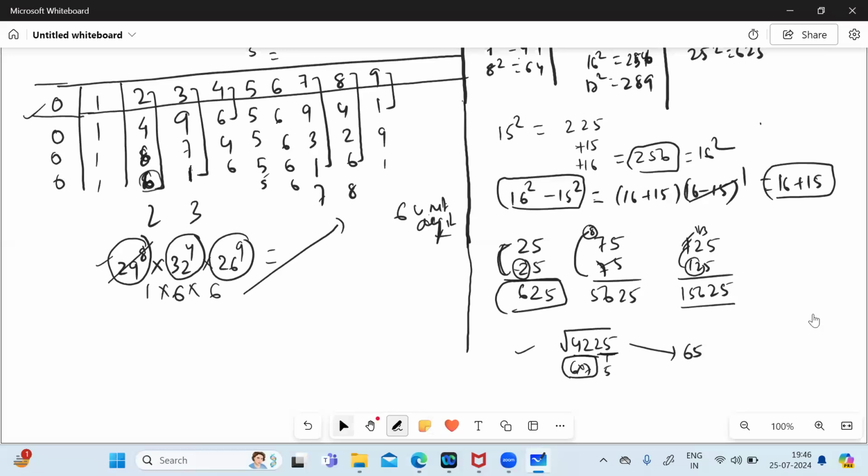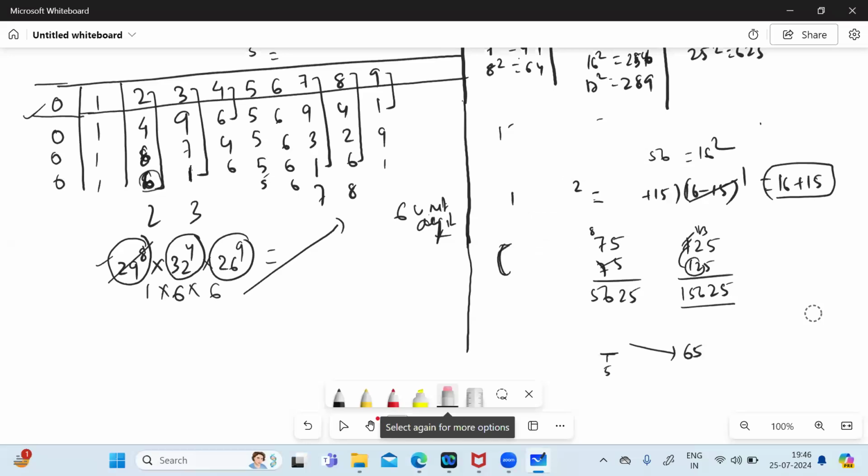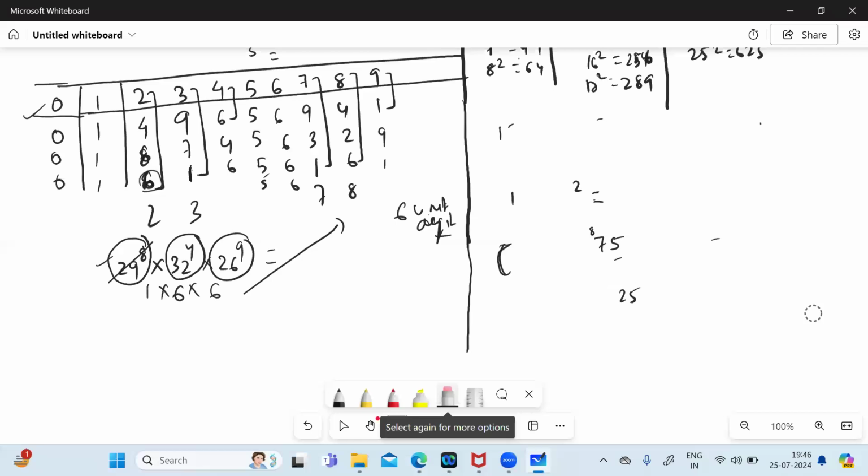Now let's go back to the table. We were trying to find the last two digits of all the squares or powers.